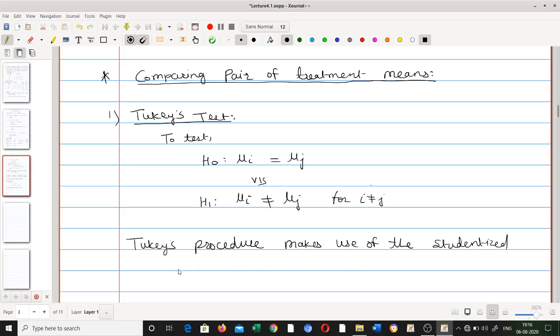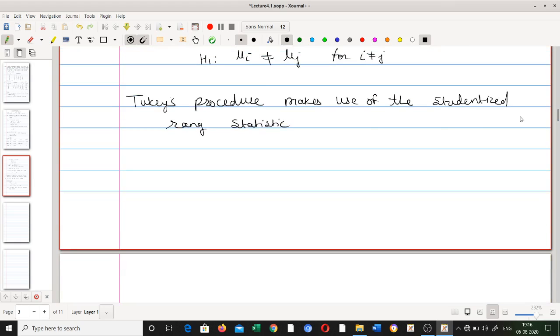The studentized range statistic is actually like this: Q is equal to y bar max minus y bar min, divided by square root of MSE upon n.